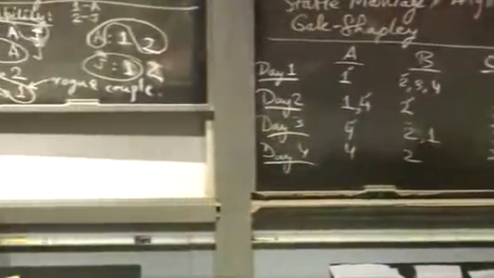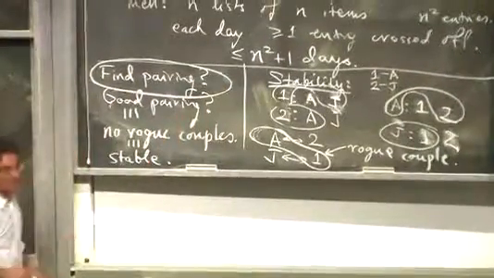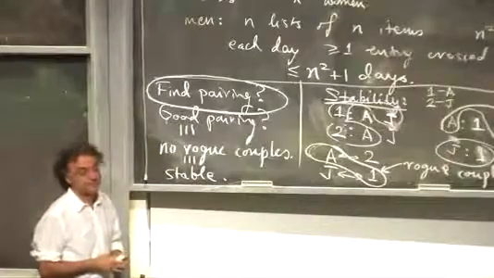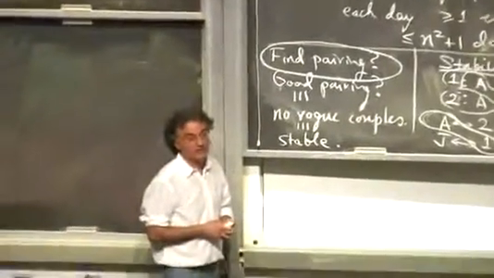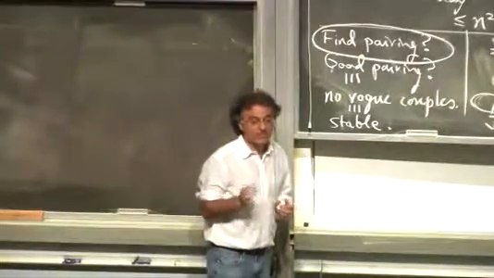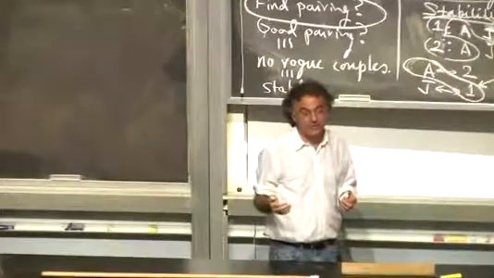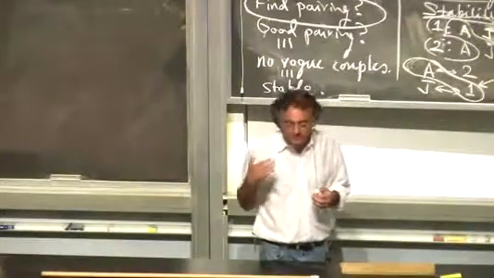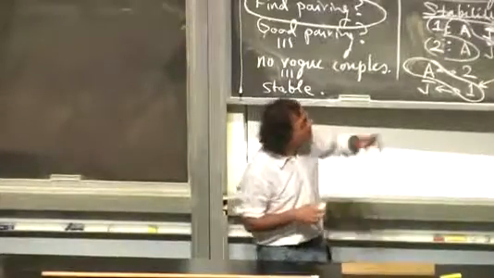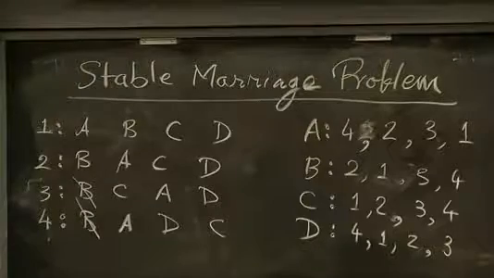Given that, we can go back and answer this question: how do we know the algorithm always finds a pairing? Well, there's a very slick proof that it always finds a pairing. Remember, we know that it halts. So how could it fail to find a pairing? The way it could fail is maybe some man goes through his entire list and just gets rejections all the way down the line.